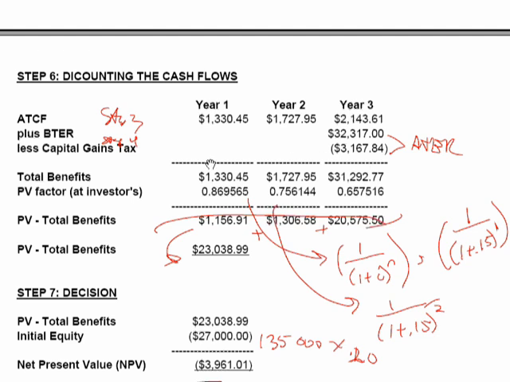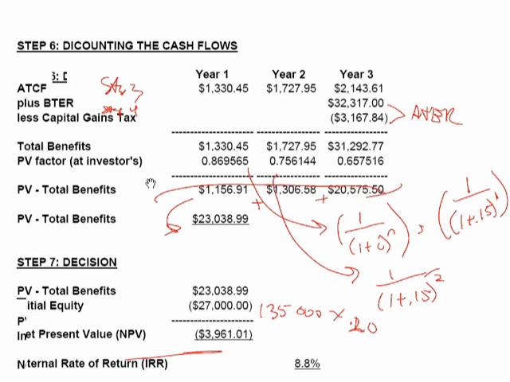So what we need to do next is discount these benefits in years 1, 2, and 3 back to year 0, back to today, so we can do an apples to apples analysis. How much this investment cost us versus the present value of the total benefits.